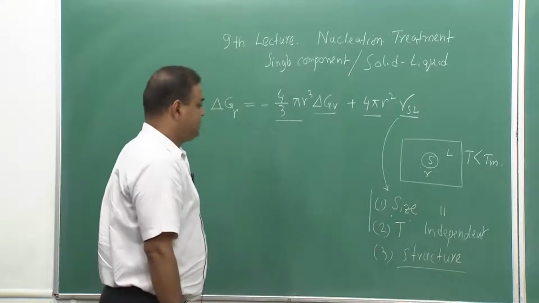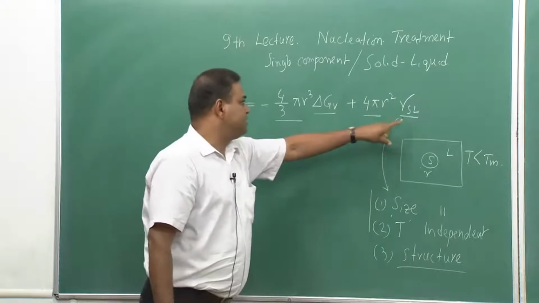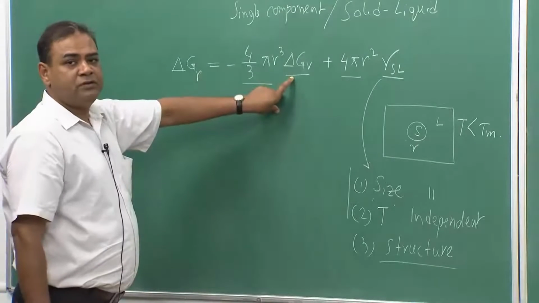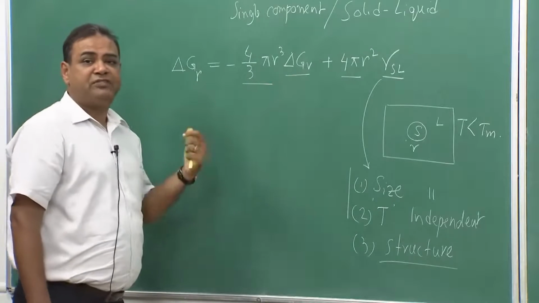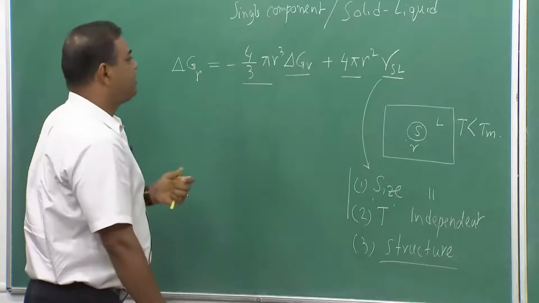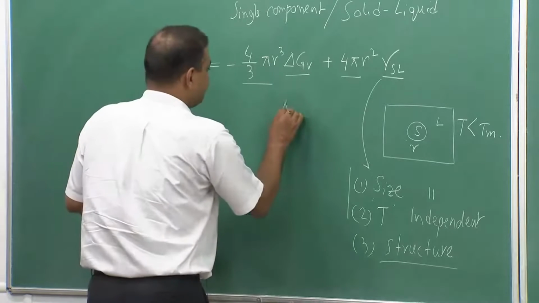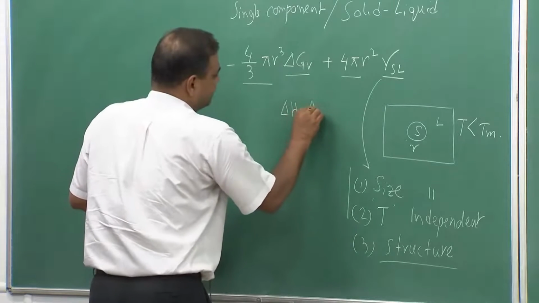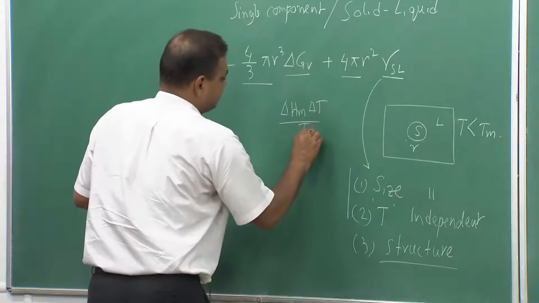Now, if gamma S L is independent, del G V is dependent on temperature, because we have seen that the relation of del G V is del H m del T by Tm.